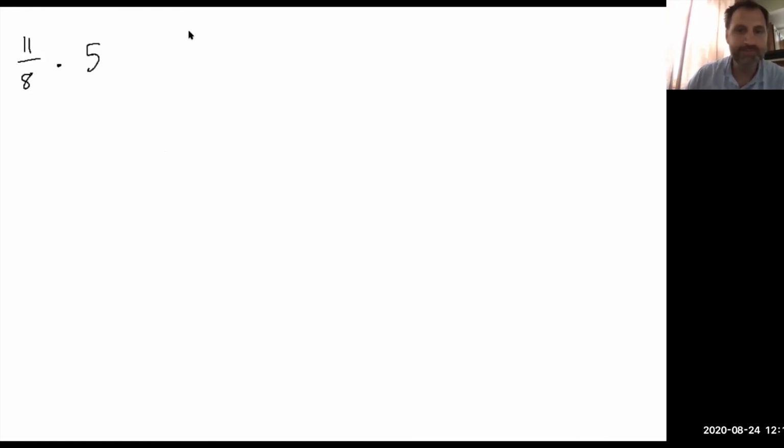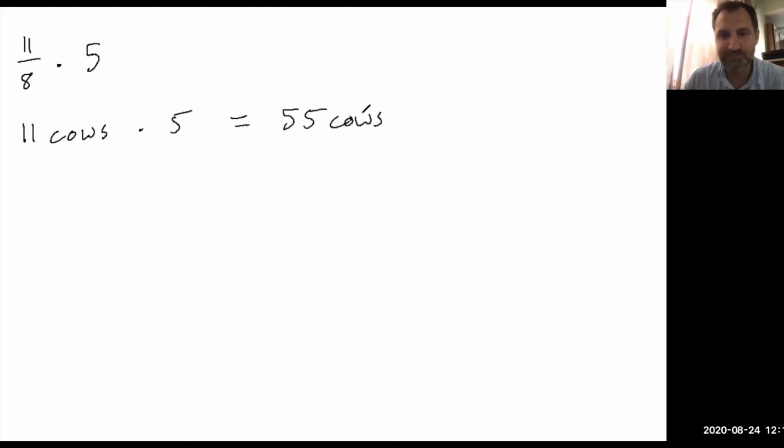How do I do that? So multiplication and division are different. We don't need a common denominator to do this. If I had 11 cows and I wanted to multiply it by 5 for some reason, that would be 55 cows, right?